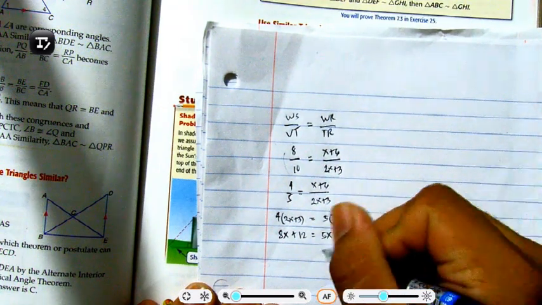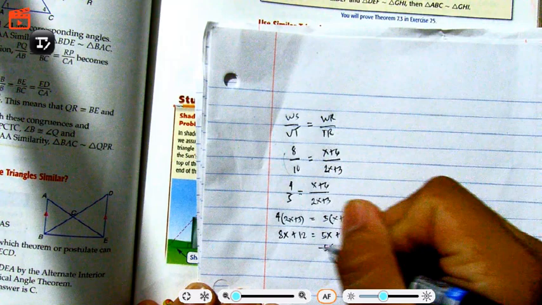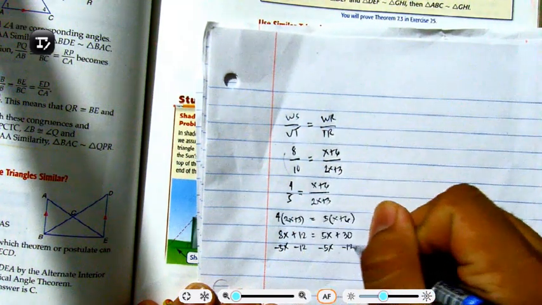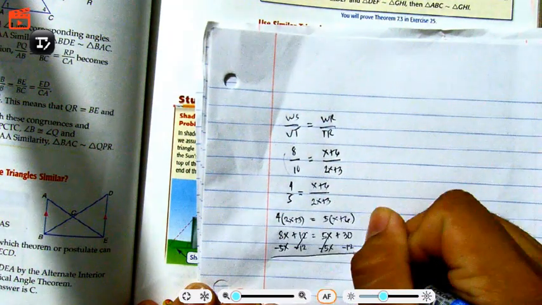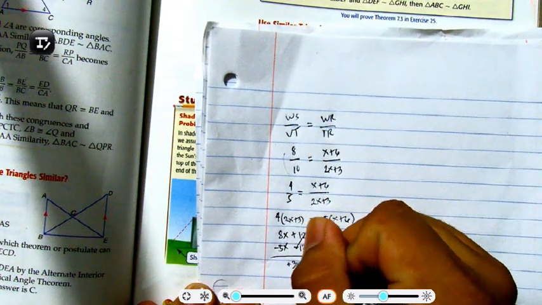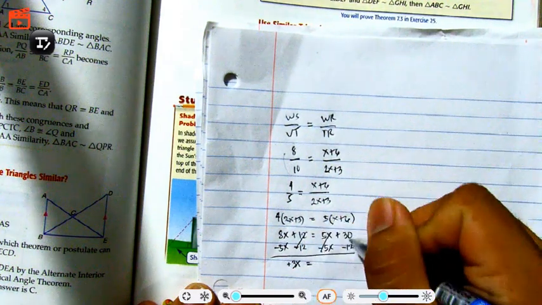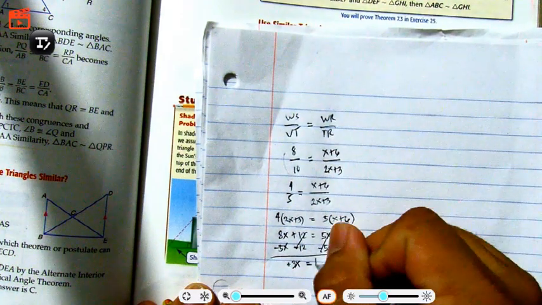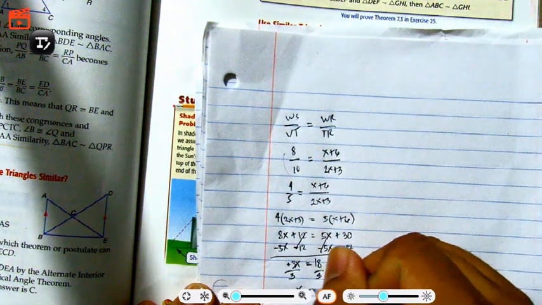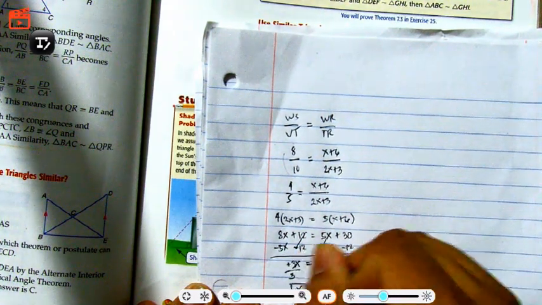So do the algebra. Minus 12, cross out. So that gives us positive 3x is equal to 18. Divide 3, divide 3, so x is equal to 6. So x is equal to 6.